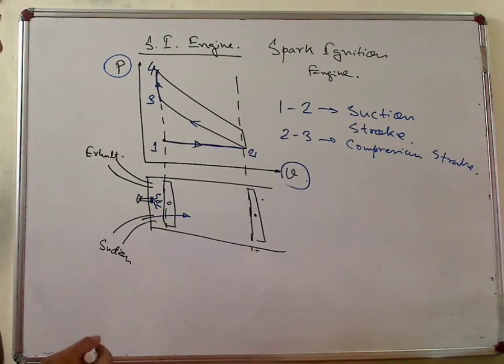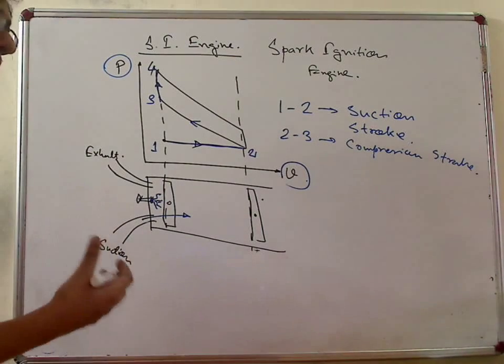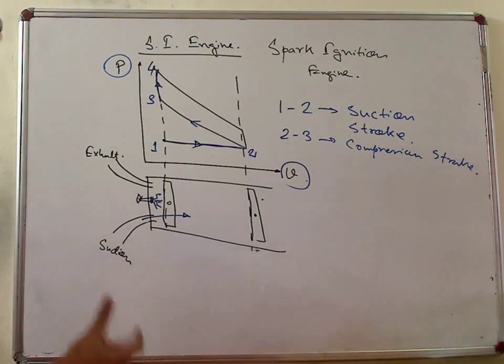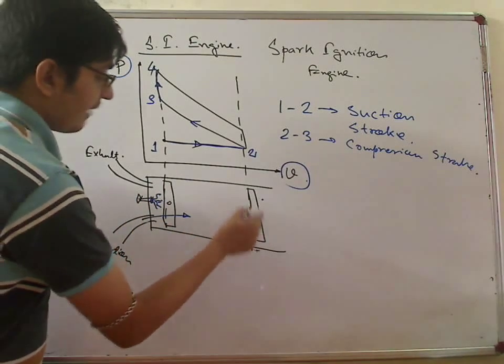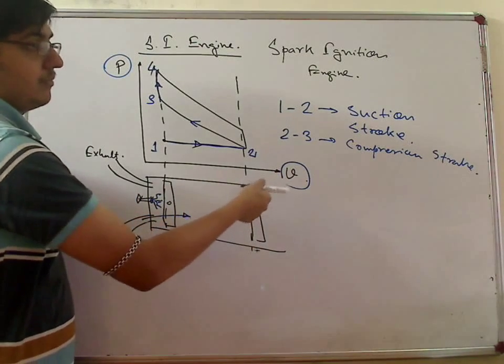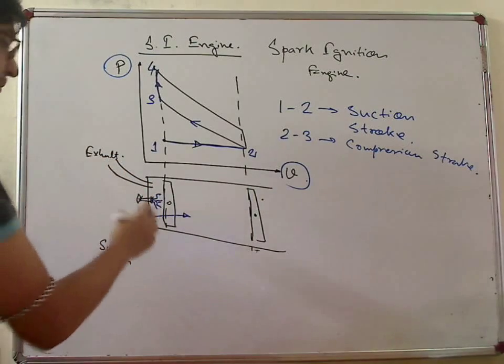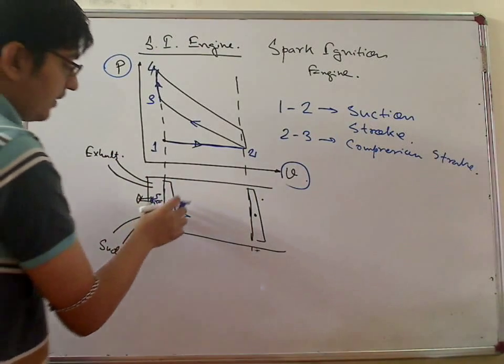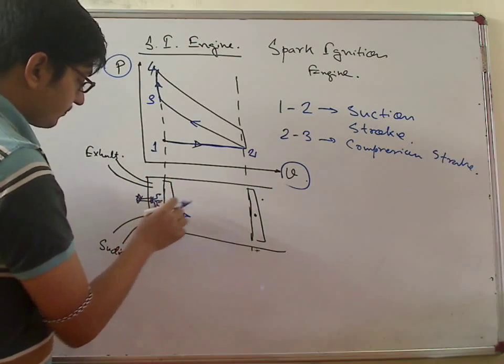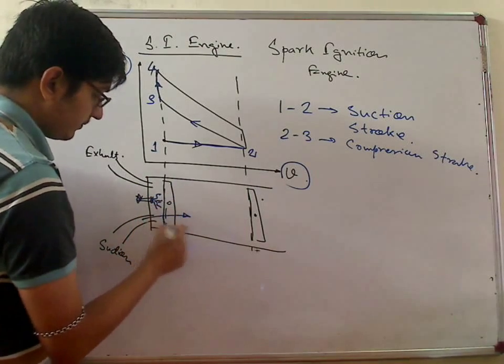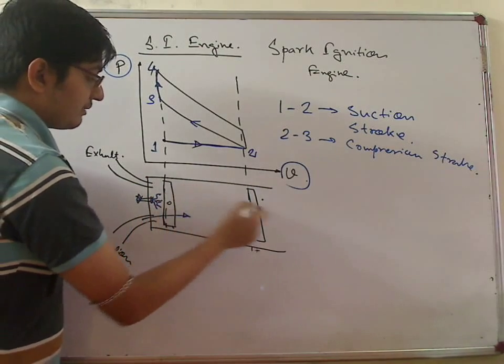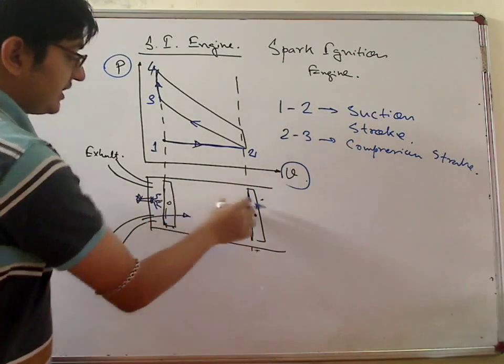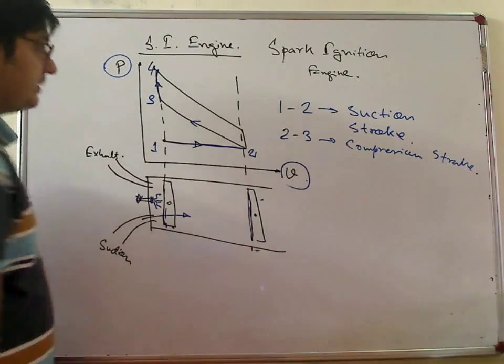Due to the spark, there is a rapid increase of pressure without changing the volume, because of the inertia of the piston and the inertia of the gas, it isn't able to change its volume. If it wants to change its volume, it needs to act opposite to the inertia of the piston.